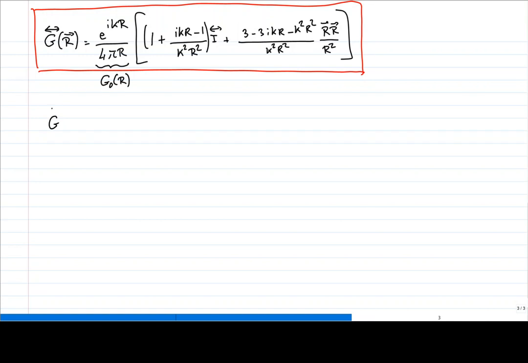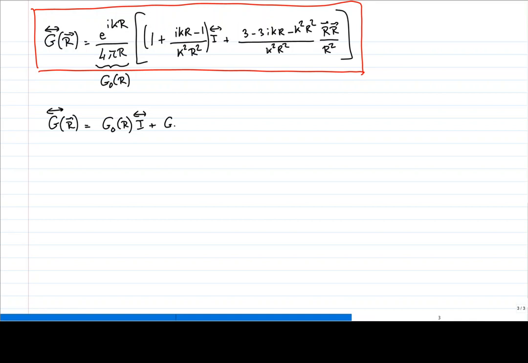So the dyadic Green function is equal to G0(r) times the unit tensor. That's developing the first term.